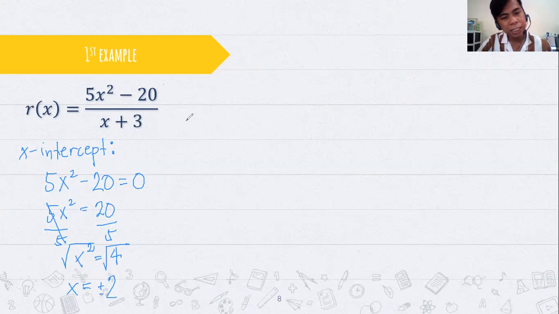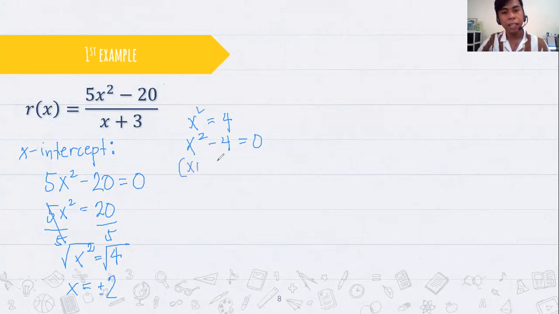Okay. Kasi class, ganito yan siya. What if kung hindi natin in-square root siya? So we have x squared is equal to 4. Babalik ko si 4 sa kabila. So we have x squared minus 4 equals 0. What is the factor of x squared minus 4? Diba? It's the difference of two squares. So we have x plus 2, x minus 2 equals 0. And then find the roots.